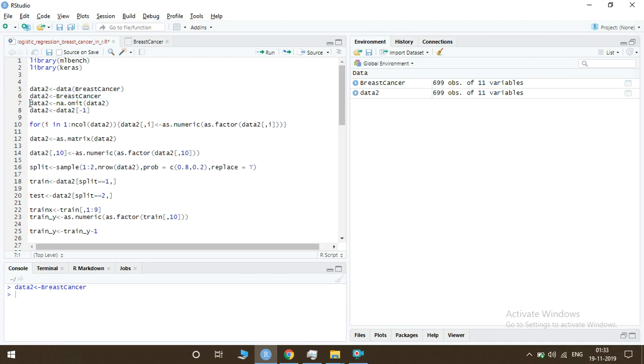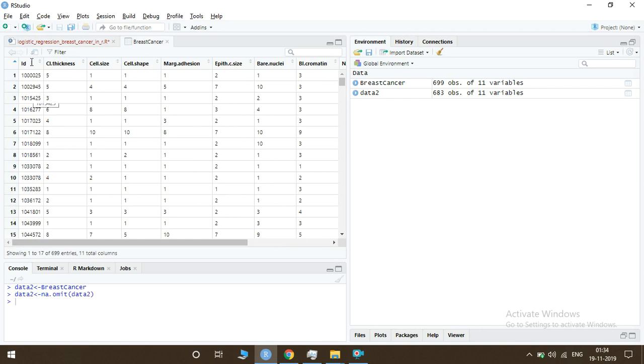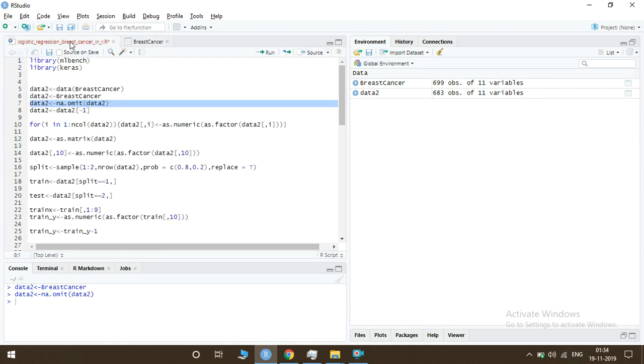Next, we would clean the data. Over here, we would omit any NA, or missing values. So we have done this. Also, what we have learned is that ID is just an ID given to a patient, and I don't think it would help us in the determination of cancer or anything.